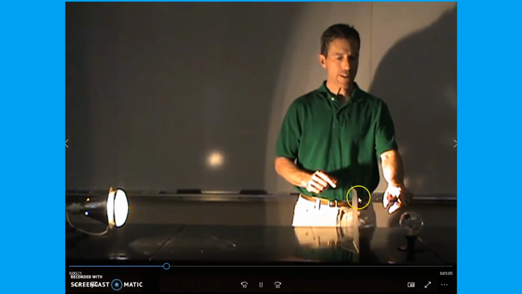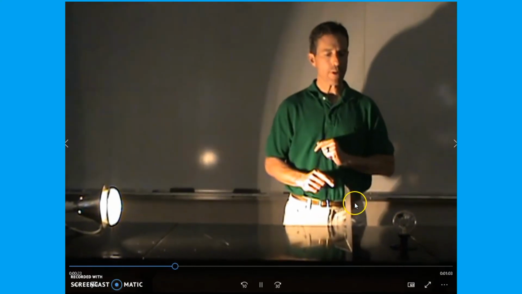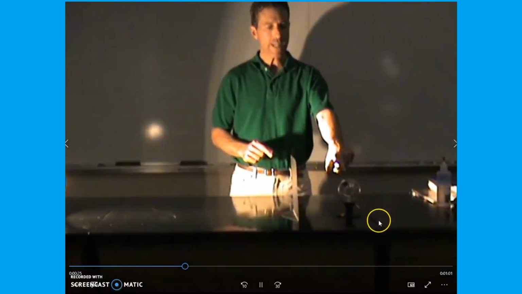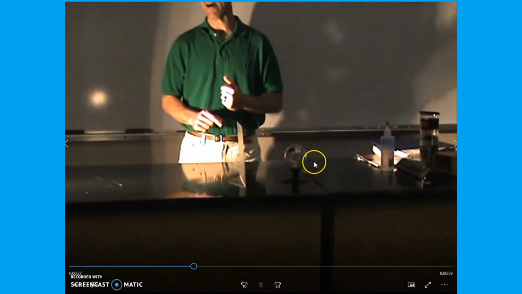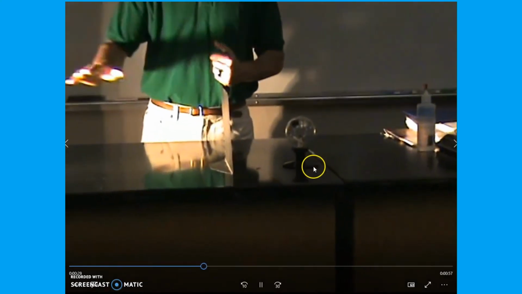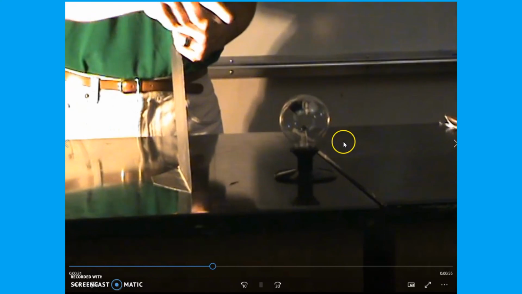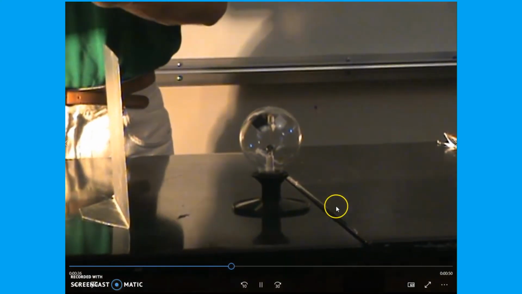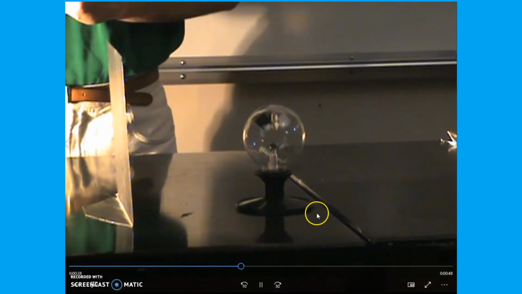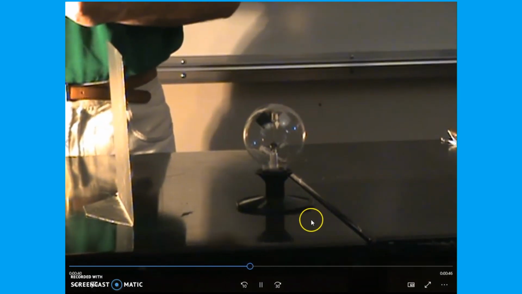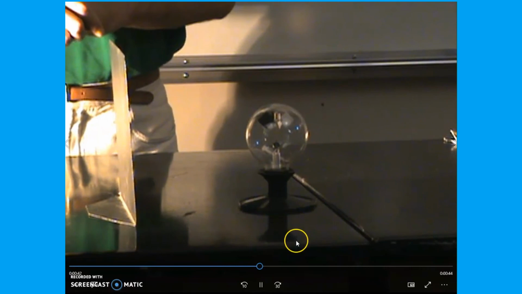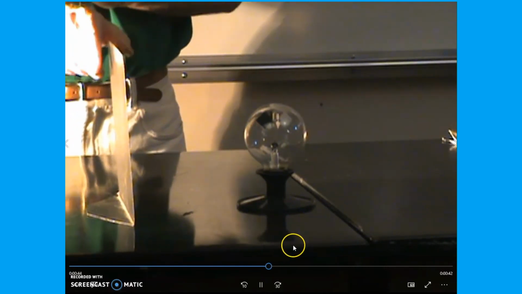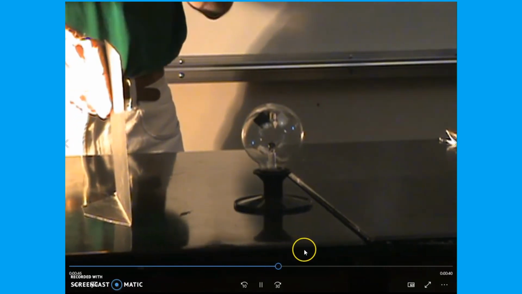You'll notice that we have a shield here which is preventing light from actually striking the radiometer panes. Now you can see as we're zooming in on them, they are not moving. They have no kinetic energy right now. Once we expose them to the bright light source, however, you should see them start to move.